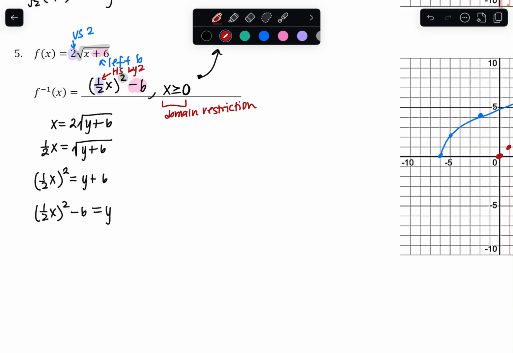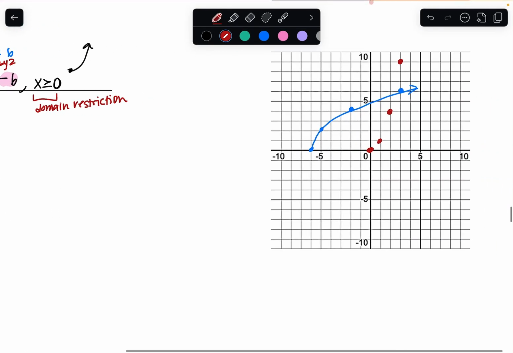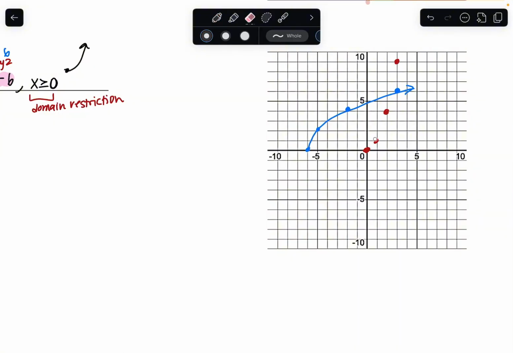And so all of our x distances are going to be 2. And so this point, we're going to go over 2 to get the 1. And then over 2 more to get the 4. And then over 2 more to get the 9. So horizontally stretched makes it look wider.